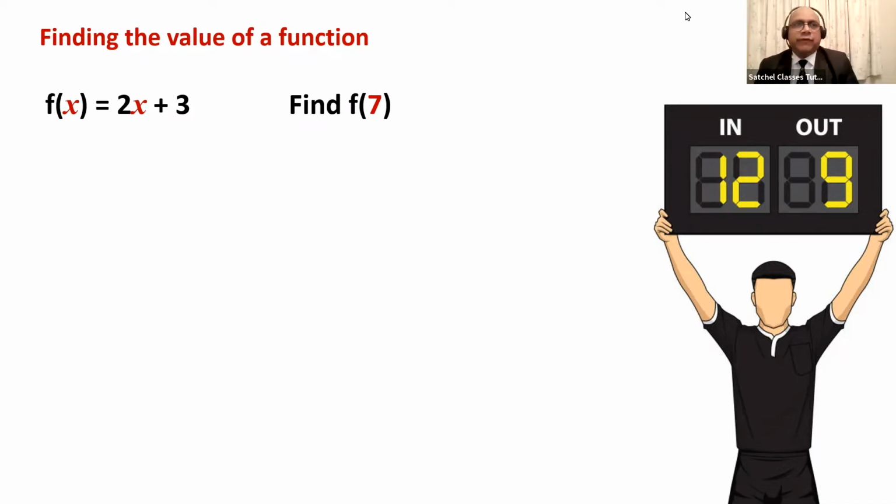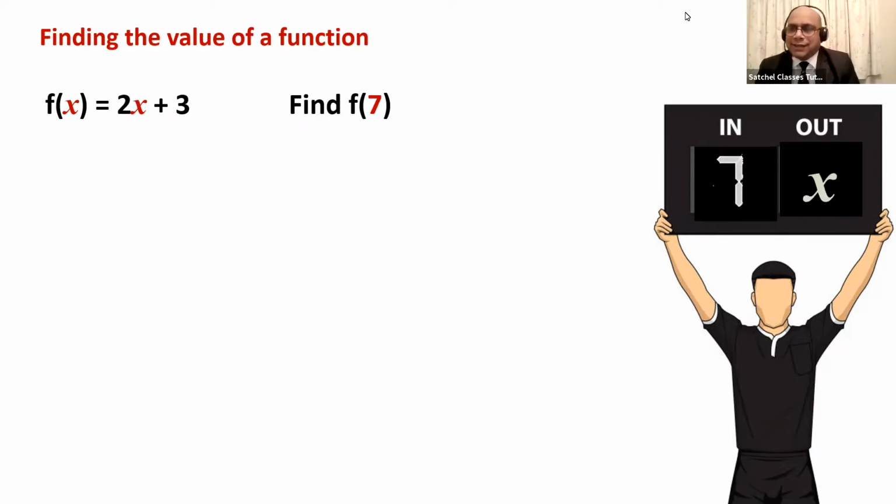Likewise, when we are finding the value of a function, all I need to do is replace x by the input. In this case, the input is 7. We need to find f of 7, which means the input is 7. So we replace x with 7. If I replace x with 7 on the left hand side, you'll get f of 7, which is exactly what we need.